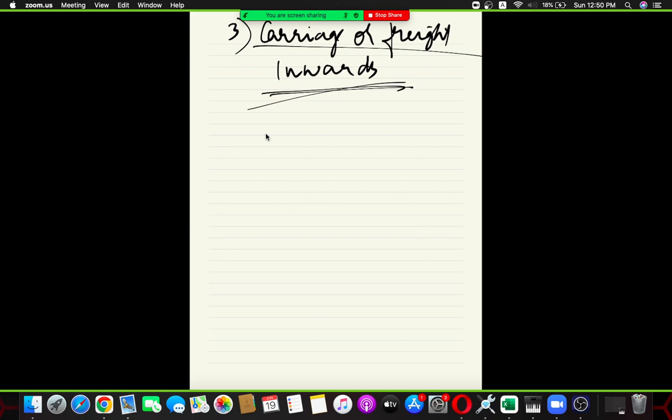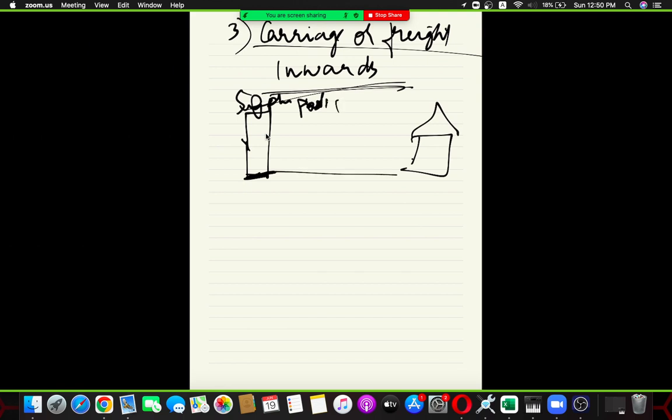Carriage or freight inwards is nothing but when you are making the purchase, you have to get those goods. This is your factory, and this is the factory of the supplier. They're supplying some raw materials, some plastic. There is some distance.